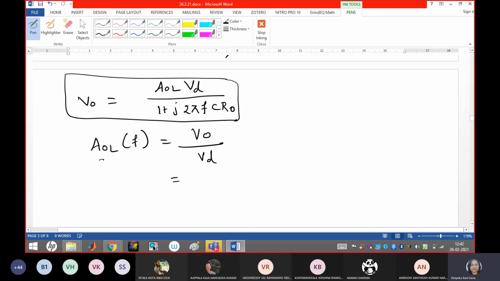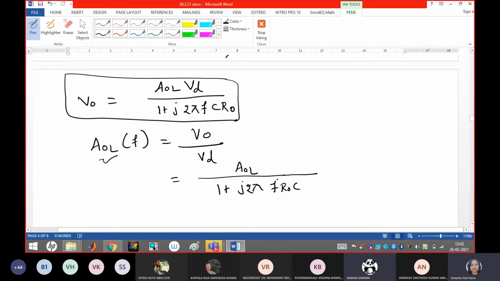We know that gain equals V0 by VD. V0 we got AOL into VD whole divided by 1 plus j 2 pi f C into R0. What should be the AOL now? So open loop voltage gain as a function of frequency can be represented as this one, 1 plus j 2 pi f R naught C. We can write like this.